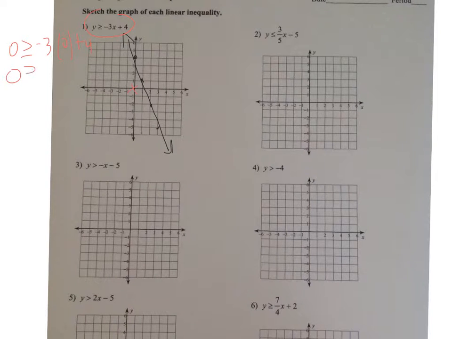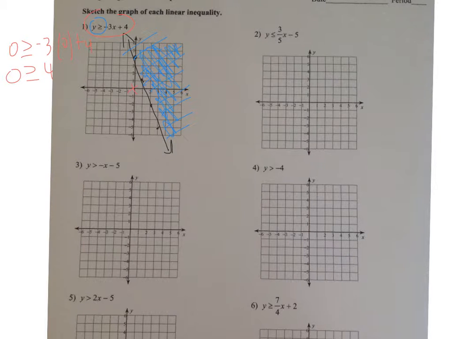So is 0 greater than or equal to 4? 0 is not greater than or equal to 4. Therefore, we are not going to shade the region where 0, 0 lands. So we have to shade everything up here. You can go back and look at the greater than or equal to, and notice that this whole space here is above the line.